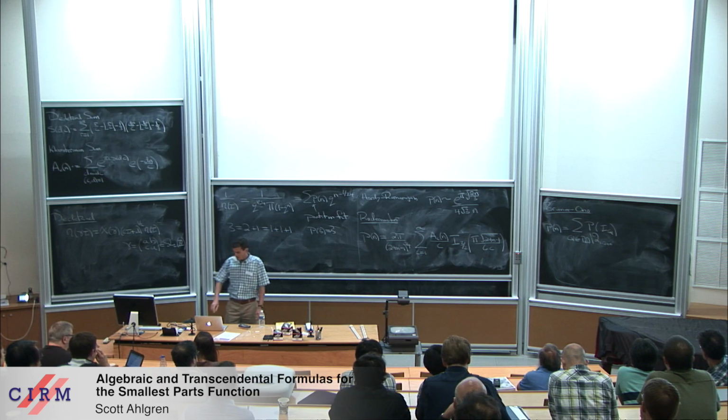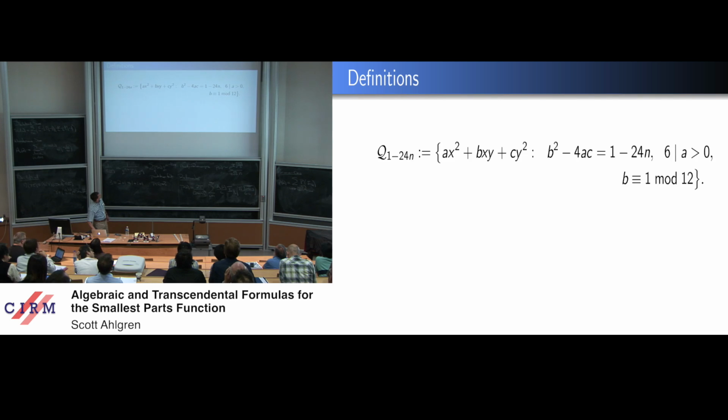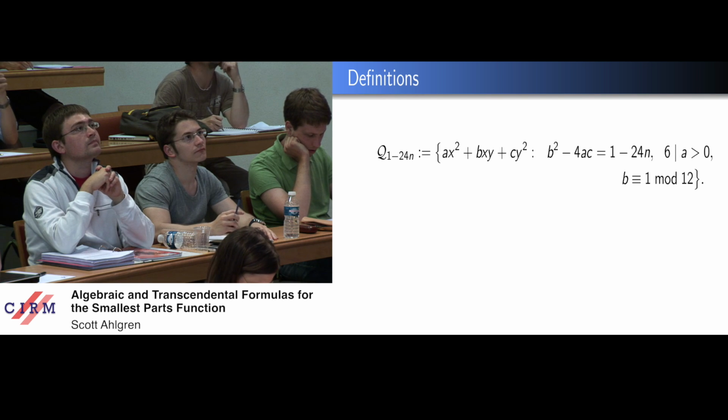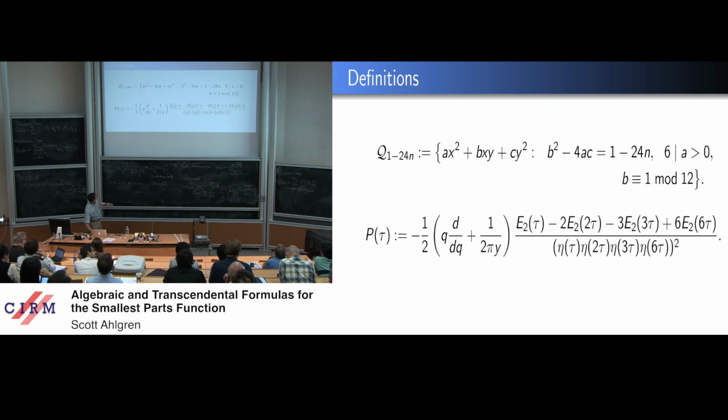In the interest of saving time, I'll just show you these things. This is the set of quadratic forms of discriminant 1 minus 24n with some extra conditions, and this is the function p. It's a non-holomorphic modular function, and tau_Q denotes the root of the quadratic form Q which lies in the upper half plane. So we have these two formulas.